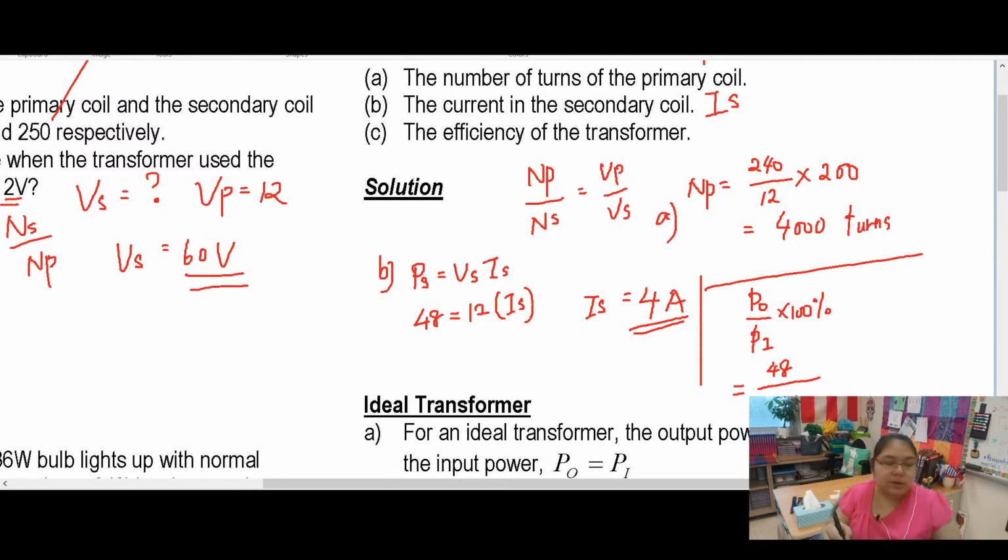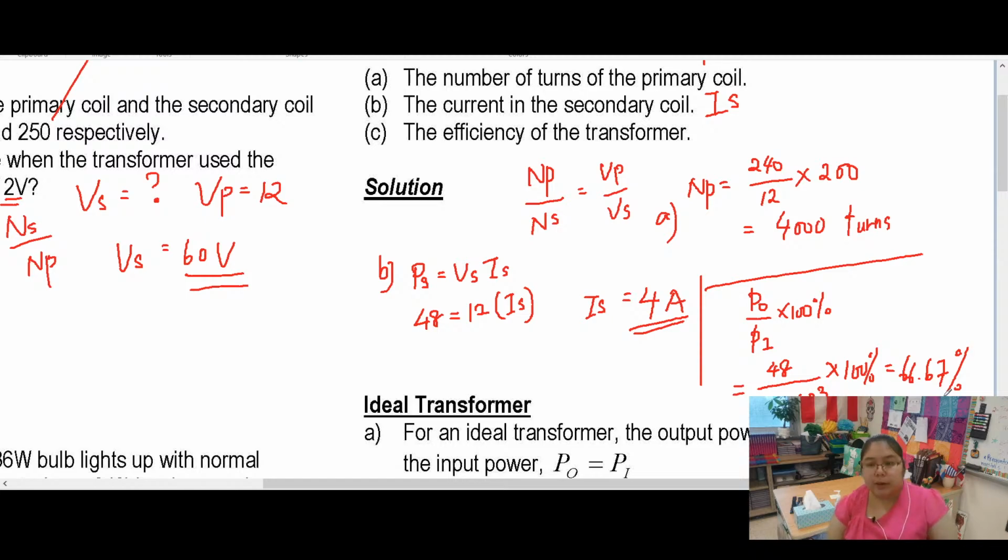So you take 240 multiplied by 0.3. That is your power input, multiplied by 100%. So finally I get the answer, 66.67%. So this is the efficiency and how to calculate it.